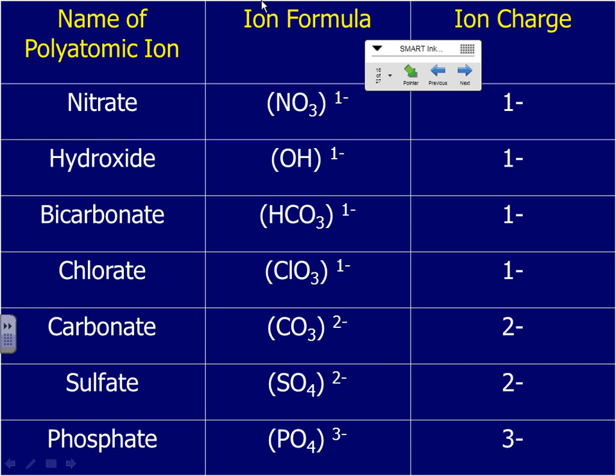I'm hoping you notice that we have these certain atoms bonded to oxygen. It's oxygen that seems to be able to attach to these atoms and make these polyatomic ions.